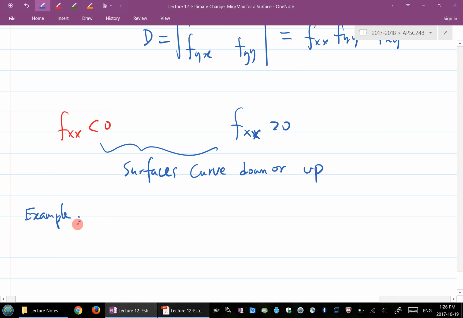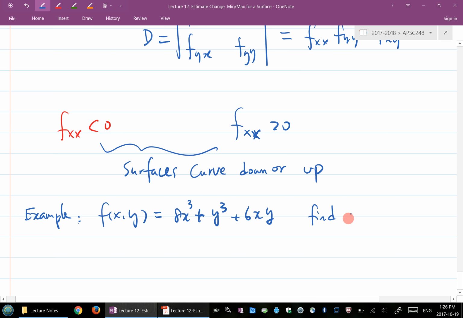So let's say I give you a function of two variables: f(x, y) = 8x cubed plus y cubed plus 6xy.